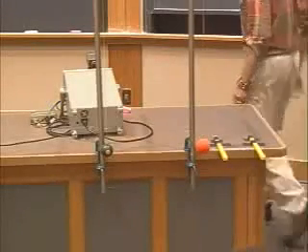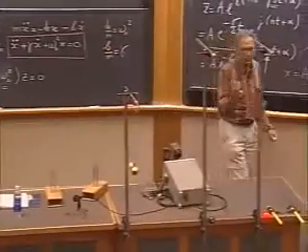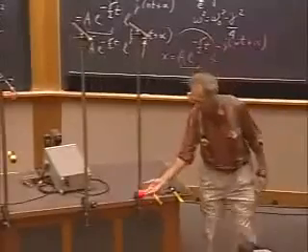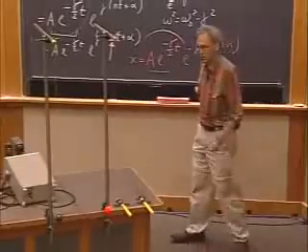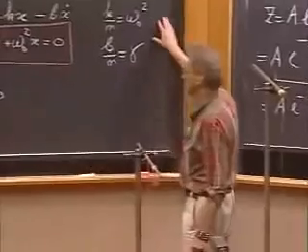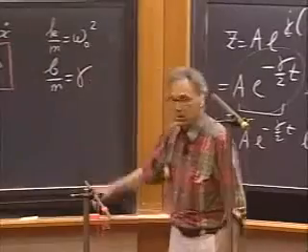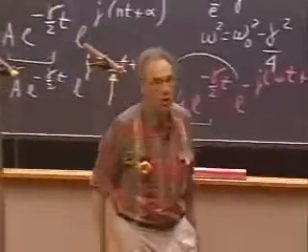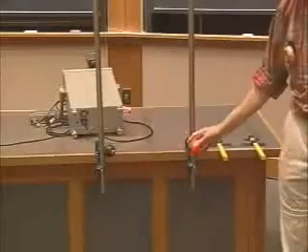But gamma is not the same, because if they have the same b, but the mass of the 2 objects is very different, this is styrofoam and this is a billiard ball, there's a huge difference in gamma. And since the period of the 2 pendulums is very closely the same, they have the same length, you see that the Q of the 2 systems must be very different. Because if b is the same, m is very much higher for the billiard ball, then the gamma is much lower, and therefore the Q of this system is way higher than the Q of this system.